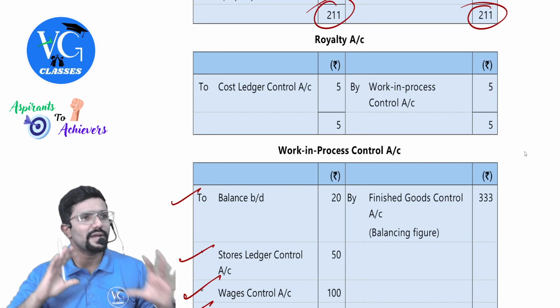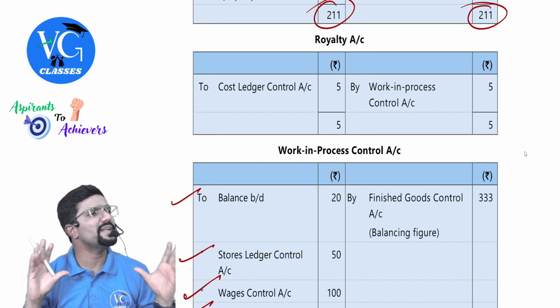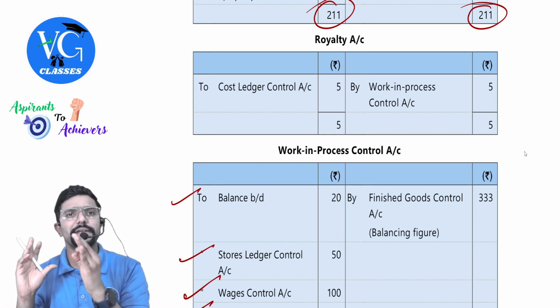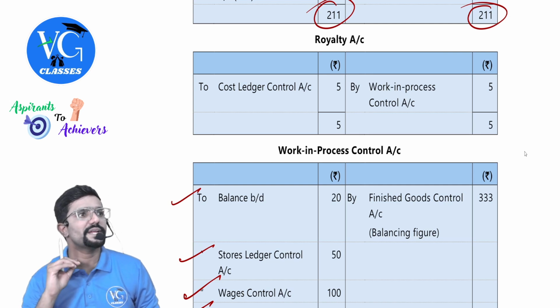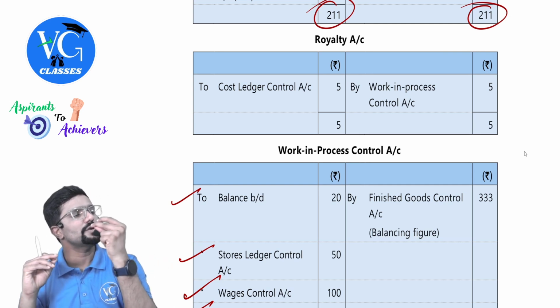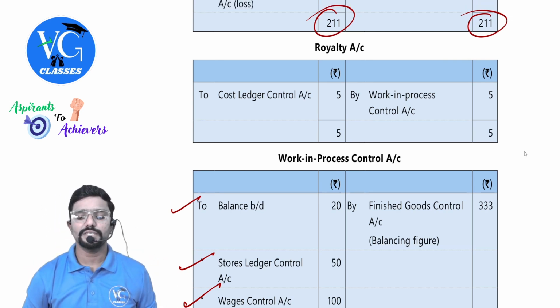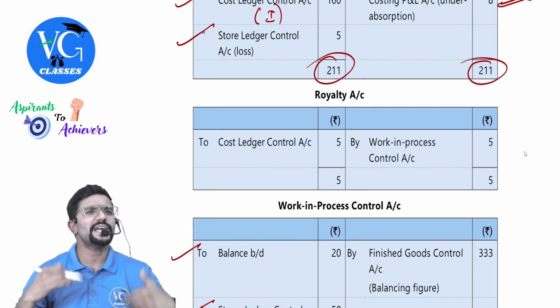I guess one more entry is next: royalty paid. Guys, see, royalty paid you can straight away record in the WIP control account only. I have told you other direct expenses are directly recorded in WIP control account. The entry is WIP control to cost ledger. But in this question, they have maintained a separate account for it, which I don't suggest.